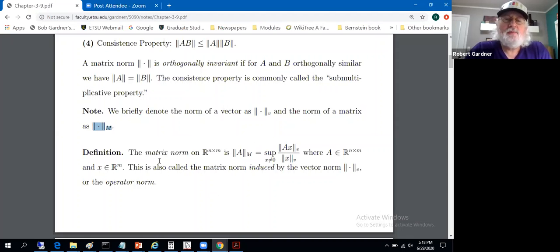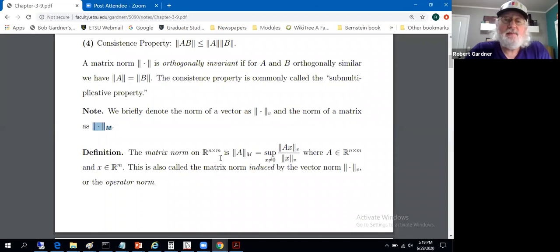The matrix norm, so we're defining this on R^(n×m), is defined as the norm of matrix A is the supremum over all non-zero vectors x of the quotient, vector norm of Ax divided by vector norm of x. All right. I see three norms. The matrix norm we're defining, the norm down here on vector x, and we're taking A times x.